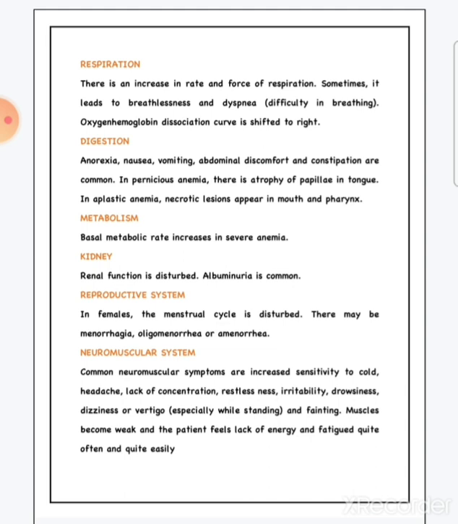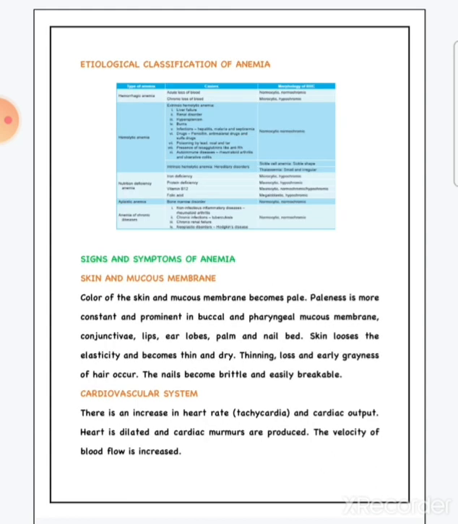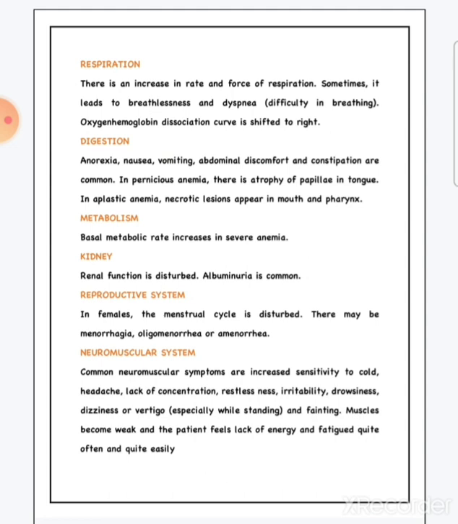These are common in pernicious anemia. Pernicious anemia, why does it occur? Right, in pernicious anemia due to iron deficiency, or folic acid deficiency, there is atrophy of the papillae in the tongue.